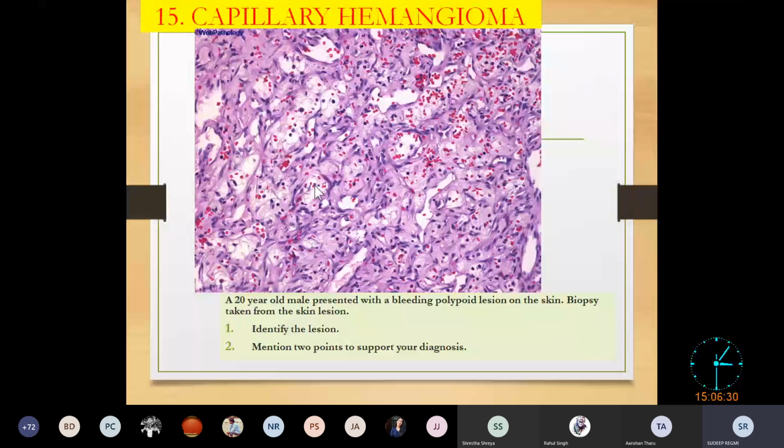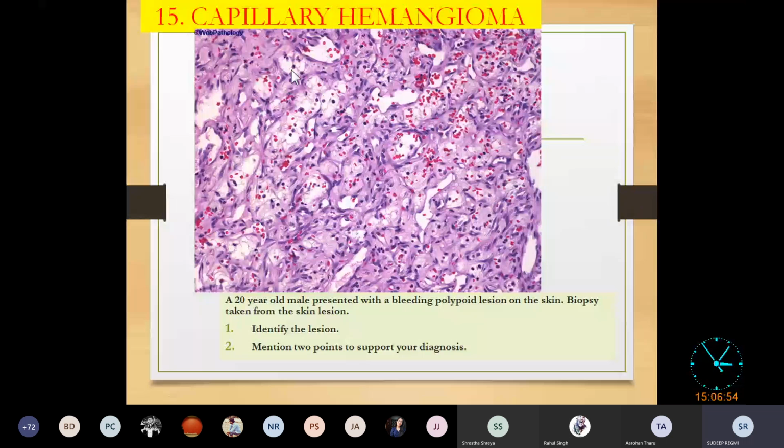In between these blood vessels there is connective tissue. You can see RBCs within these blood vessels, but there are also capillaries without RBCs. So this is a capillary hemangioma.